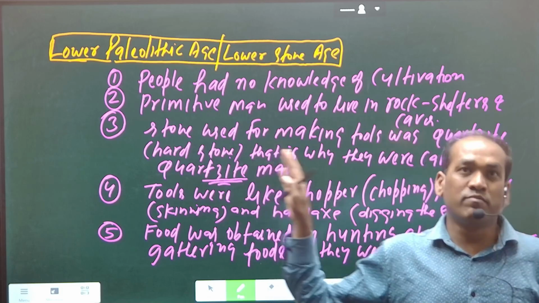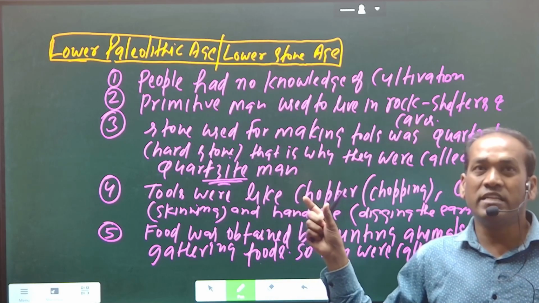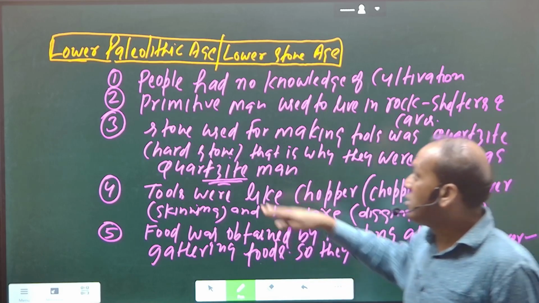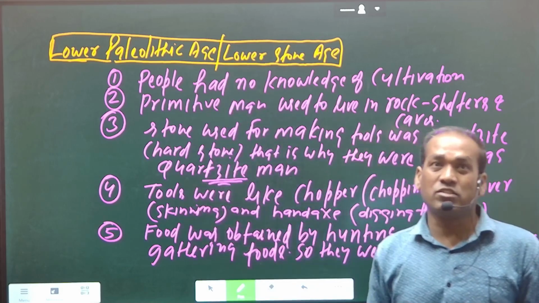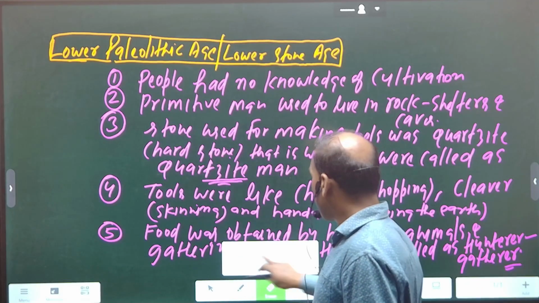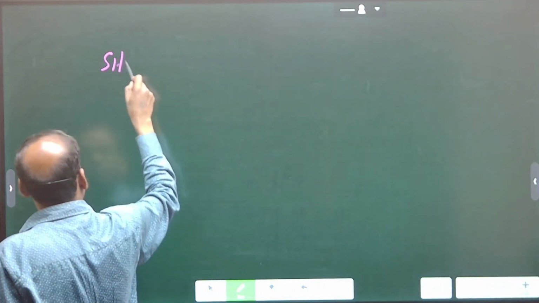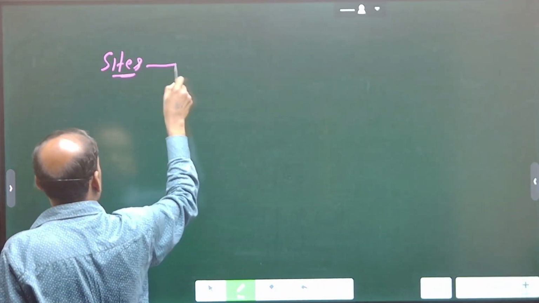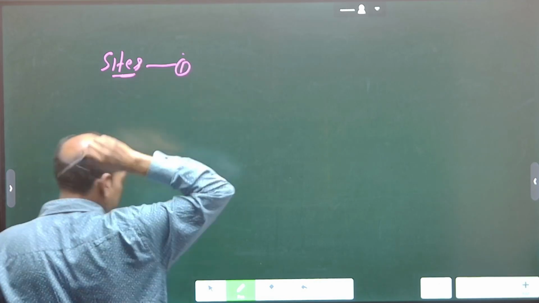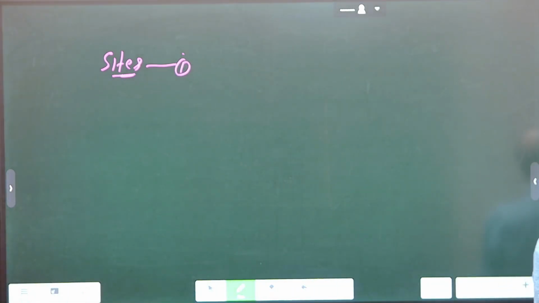discovered some sites from where we find the evidence related to this lower Paleolithic age. Okay, so in sites you can write sites. Okay, sites. First site is Soan Valley.